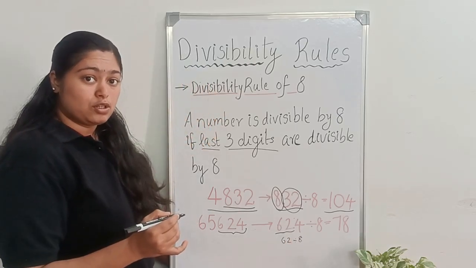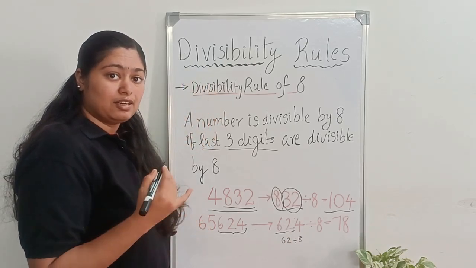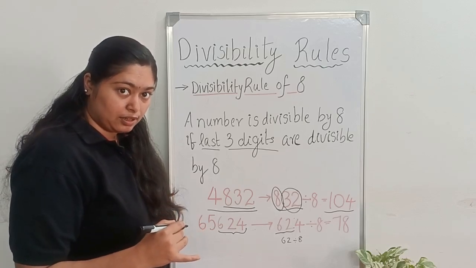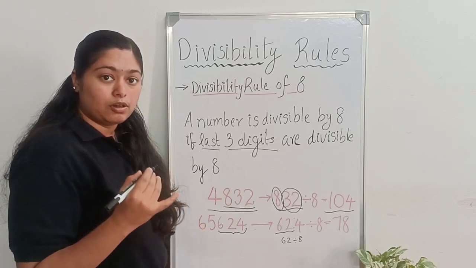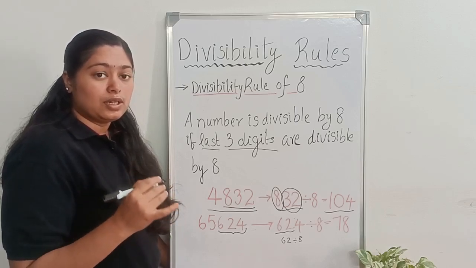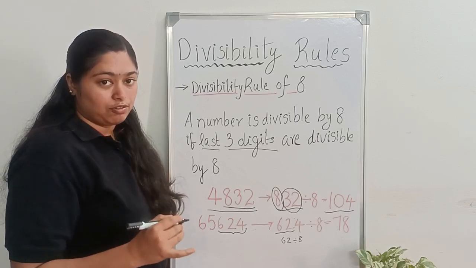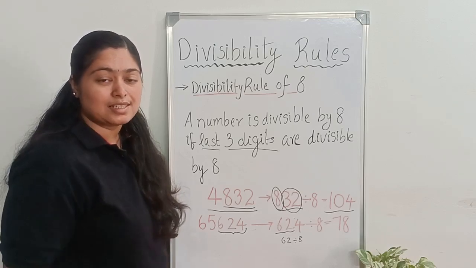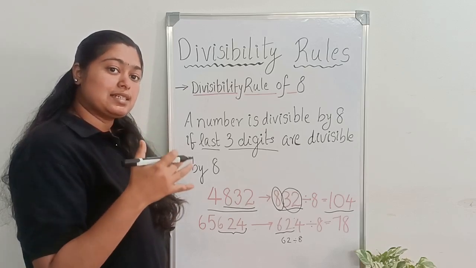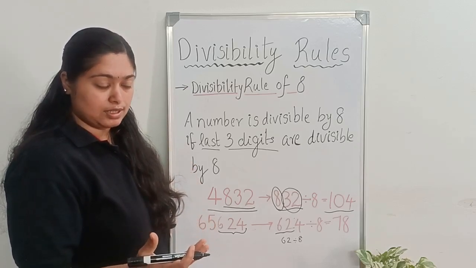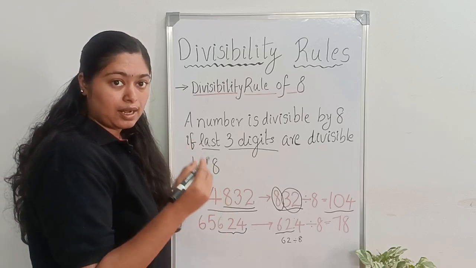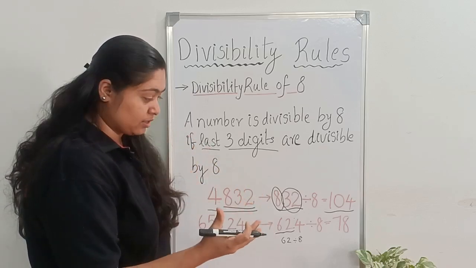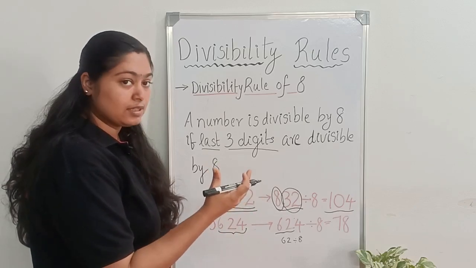62 is not perfectly divisible by 8. There is a remainder. If you check the multiplication table of 8, you can see that 8 sevens are 56 and 8 eights are 64. So in between lies the 62. Let's take 8 sevens, which is 56, and subtract 56 from 62.